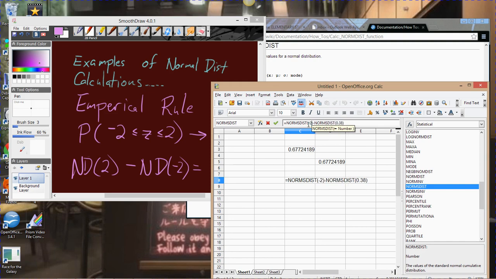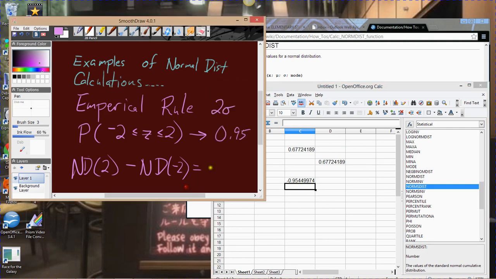So -2 and 2, and I typed them backwards. But okay. Sure enough, we get 0.9545. So actually, within 2 standard deviations on any normal distribution, you have 95.45% of the data.